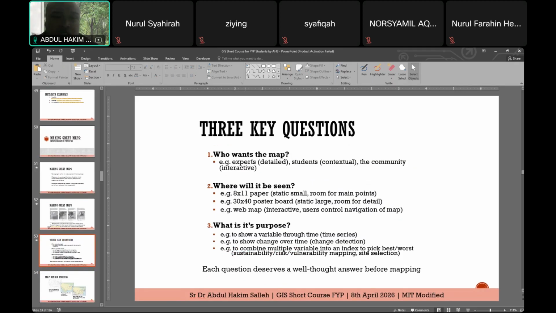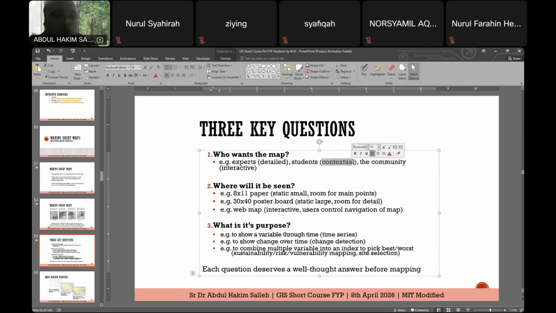Whether it is experts, you need to make it into great detail, or whether it is students that need the map, you can make it contextual based on the students, based on the terms, anything that the students wanted. Okay, you can make it in context with the students' needs.